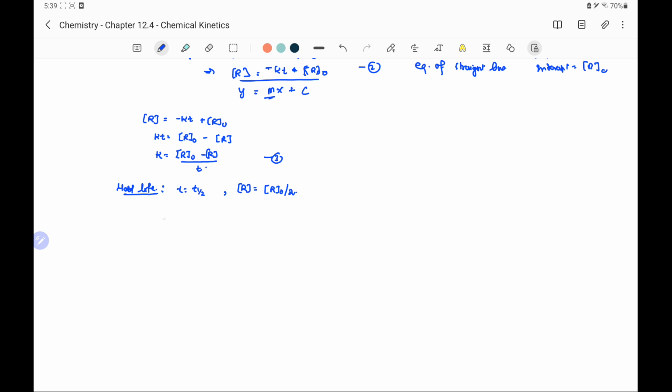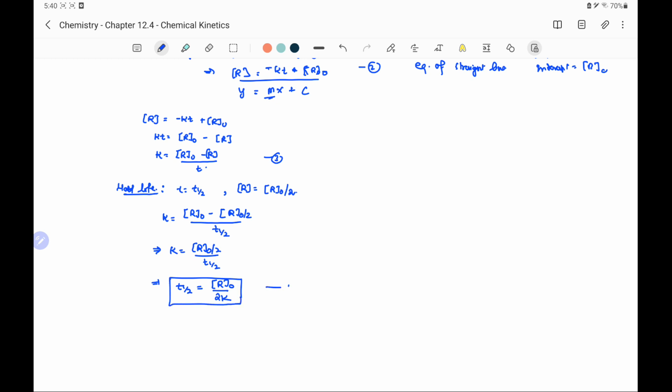If we substitute the value, because the rate constant is the same for a particular reaction, it will be K equal to R0 minus R0 by 2 divided by t1/2, or K equal to R0 by 2 divided by t1/2. Hence, the half life period of the zero order reaction will be R0 by 2K.